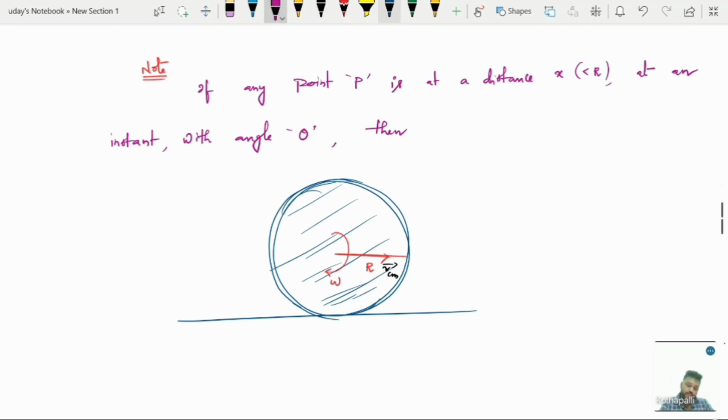Now, at the instant there is a point P which is making an angle 60 degrees with the x-axis, with the linear velocity direction. At this instant, it will not be permanently like that. It will keep on changing because it is under rolling motion. So at this instant, when it is making an angle 60 degrees and its distance is, let's say, r by 3 from the center of the body, then what will be the net velocity of that particular point P?